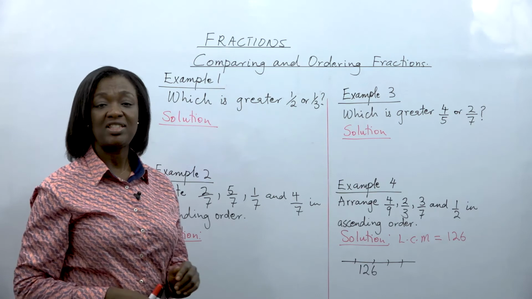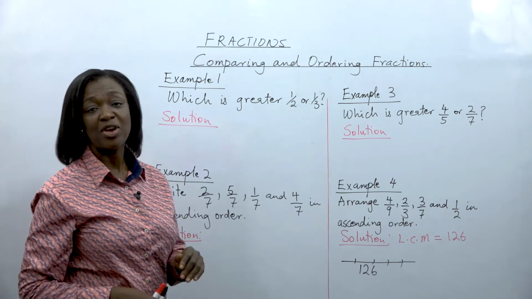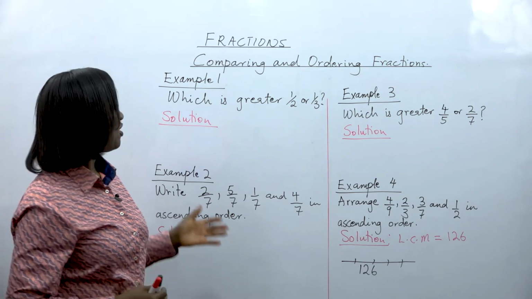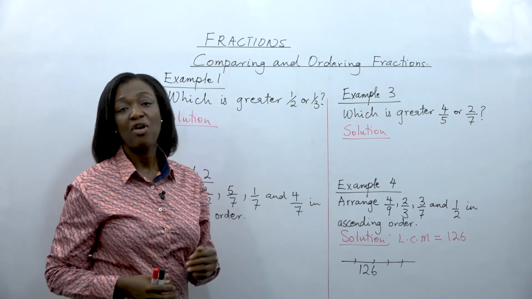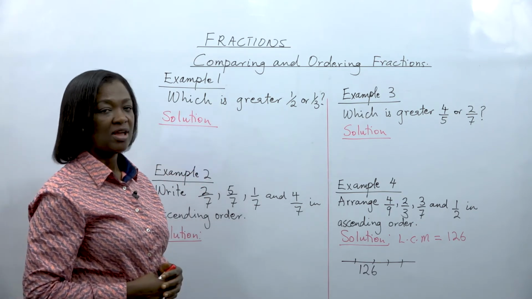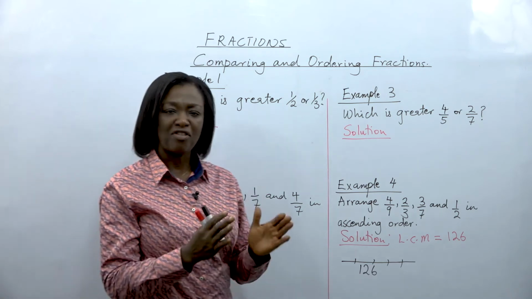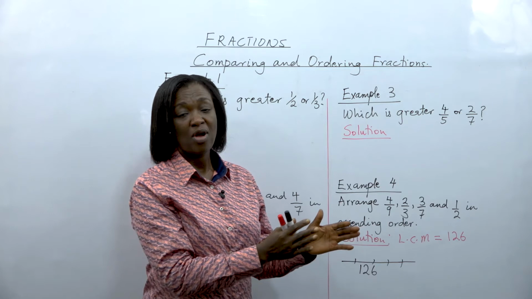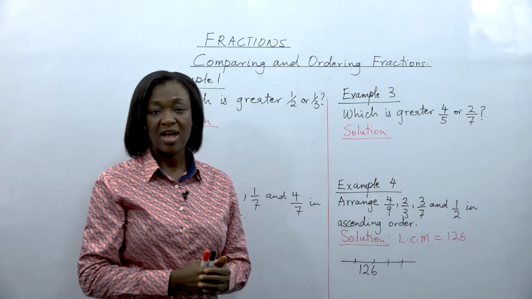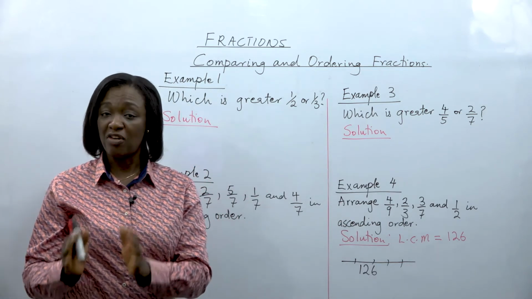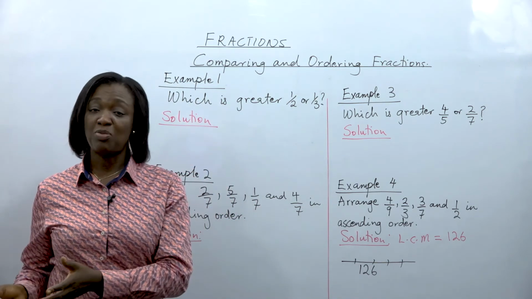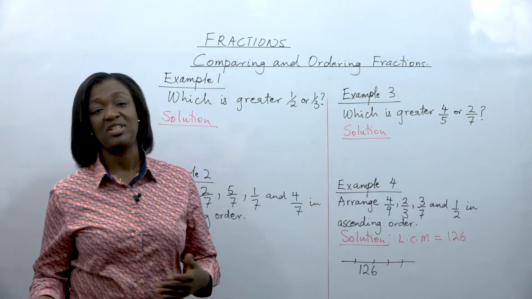In this part of the lesson, we want to learn how to compare and order fractions in real life. So for example, which is greater, half or 1/3? Assuming you cut a loaf of bread into 2, each part is a half, and you cut another loaf of bread of the same size into 3, each part is a 1/3. Which will be greater?